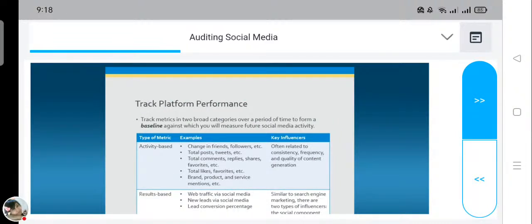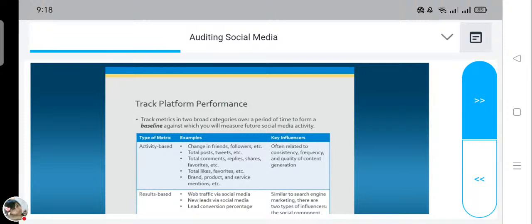In addition to social listening, one of the steps in auditing an organization's social media performance is to track how it's utilizing various social media platforms. By a platform, we mean something very specific like Facebook or Twitter, an actual account.